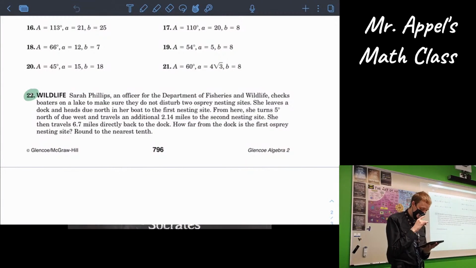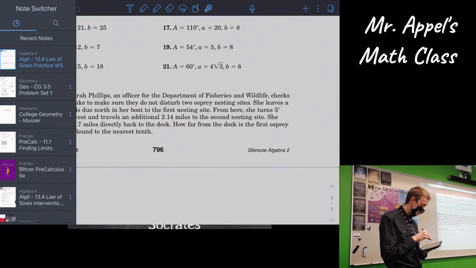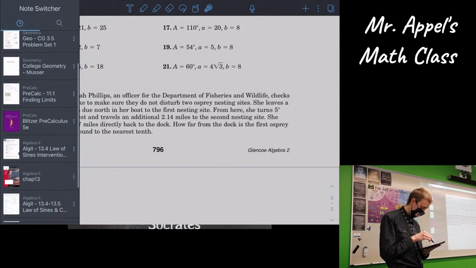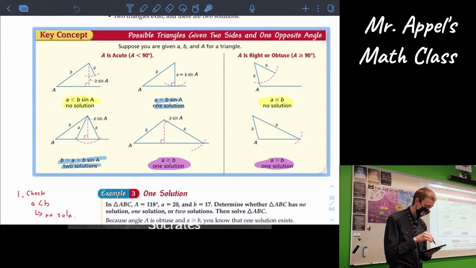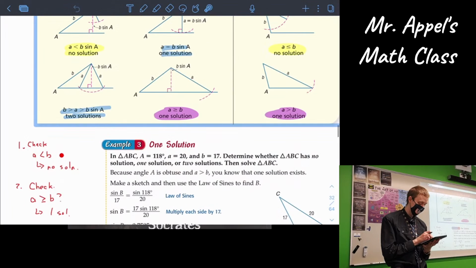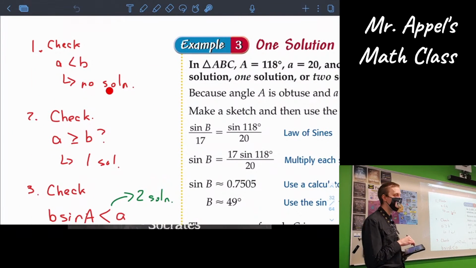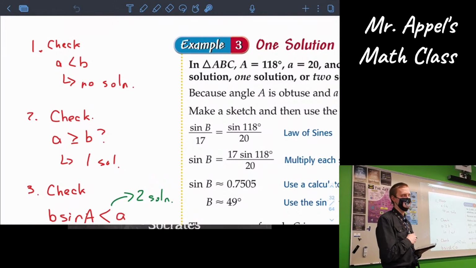And before we get to the problem for today, I must apologize to you guys. I screwed it up last week. I told you you could start by checking, hey, if A is less than B, it's always no solution.